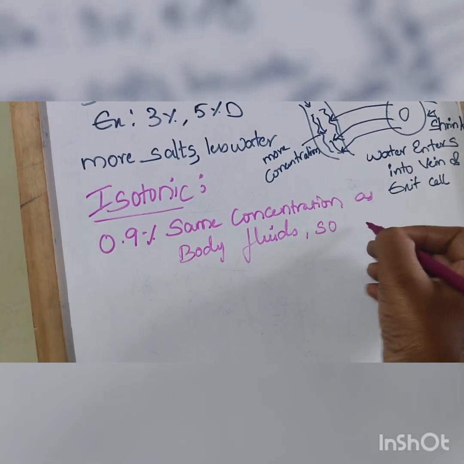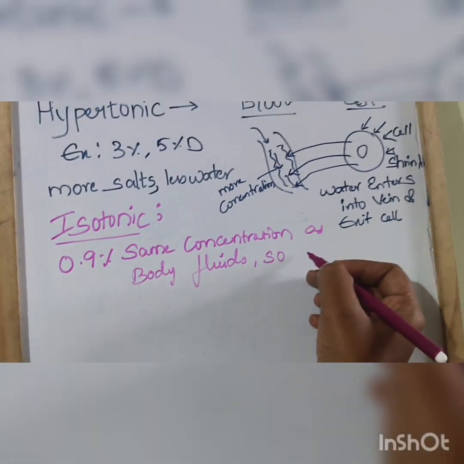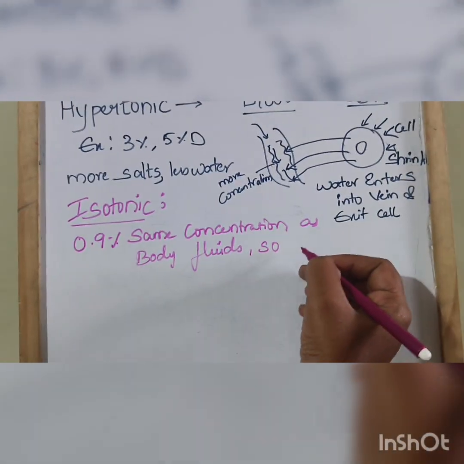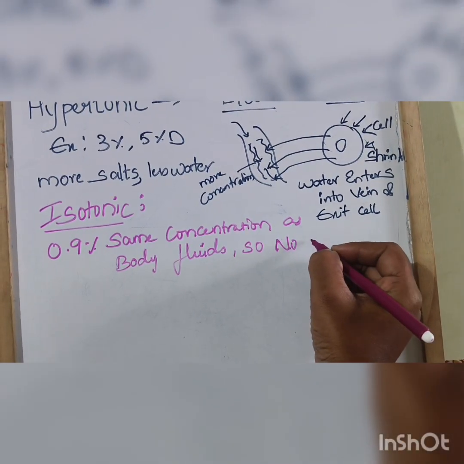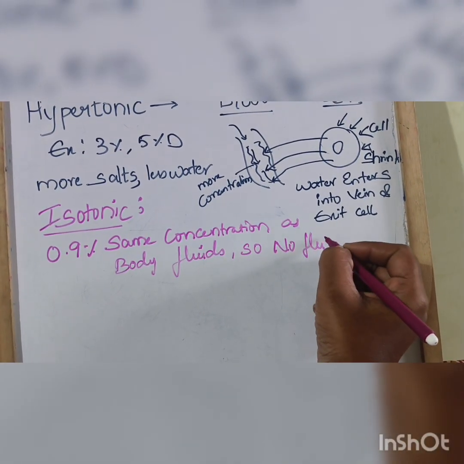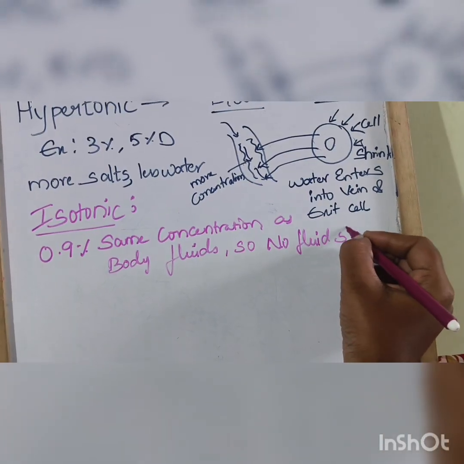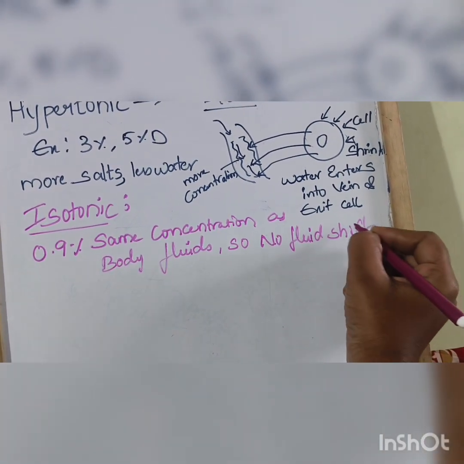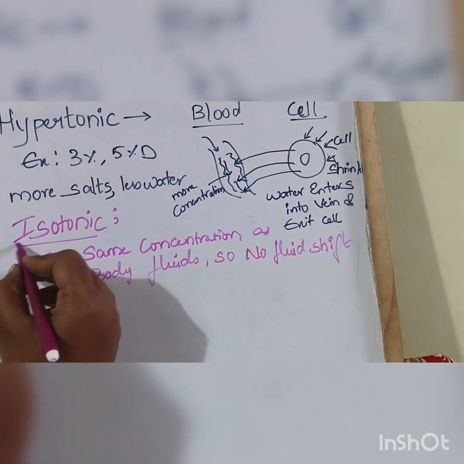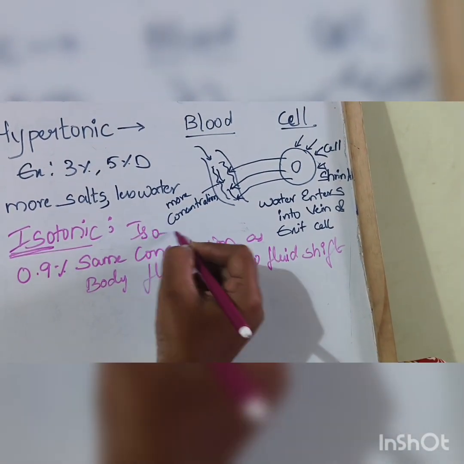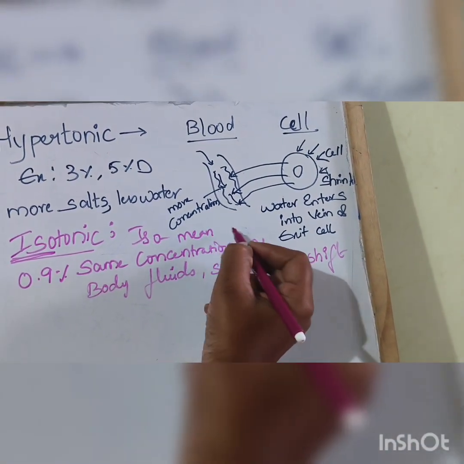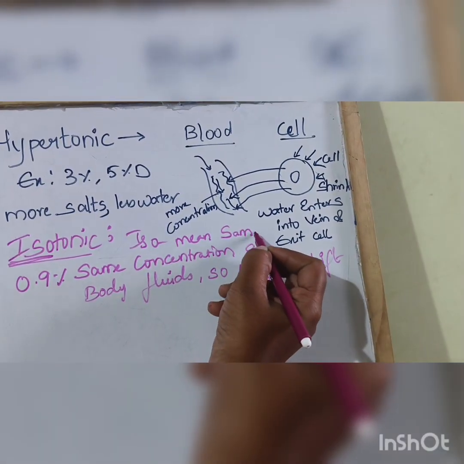In exams, isotonic solution is 0.9%, the same concentration as body fluids. So there are no changes between the blood vessels and the cells; no fluid shift will be there in isotonic. Iso means same. Hyper means more, iso means same, hypo means low.